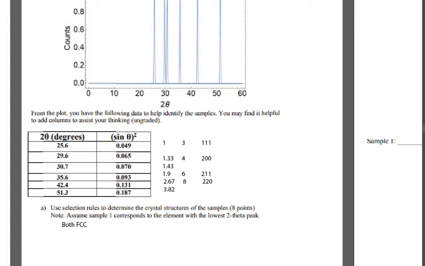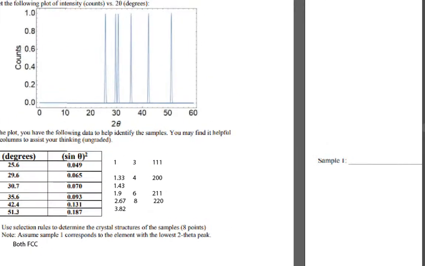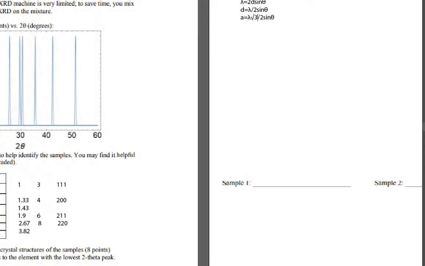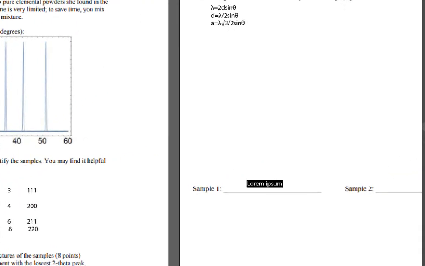But you need to take the square root of it, so the square root of 0.049, and that should be your lattice constant. There we go.